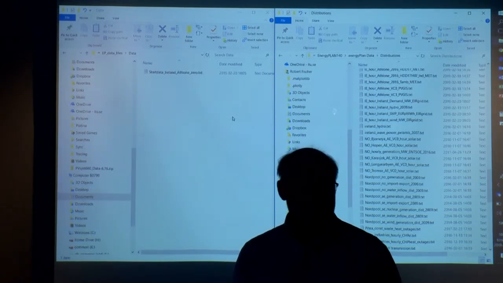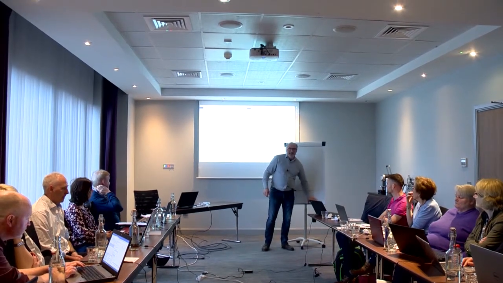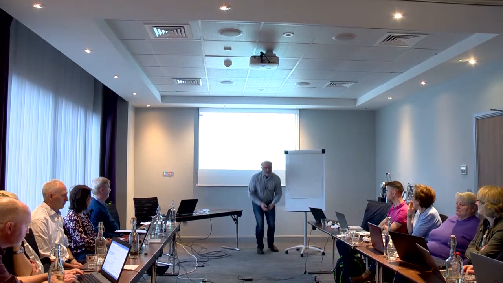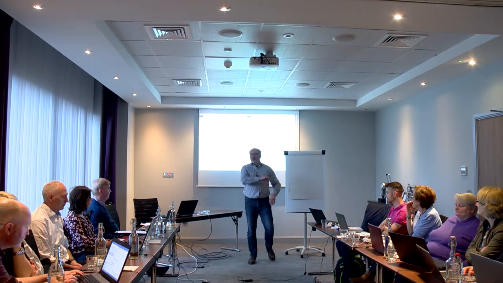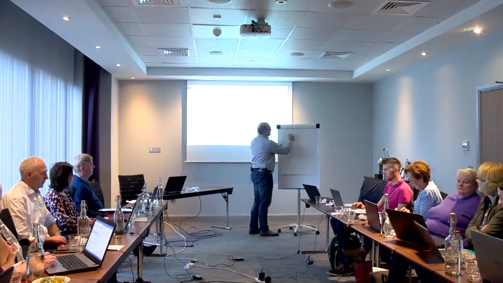Okay? We mentioned a few times these distribution profiles, which EnergyPLAN needs to understand how the consumption of energy, the demand and also the supply, is distributed over the year. So what we enter as input into EnergyPLAN are usually these annual demands, which are gigawatt hours or megawatt hours or something like that.